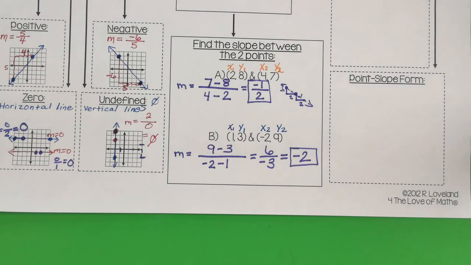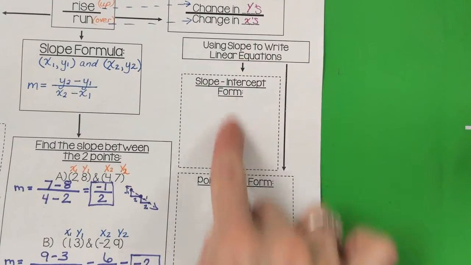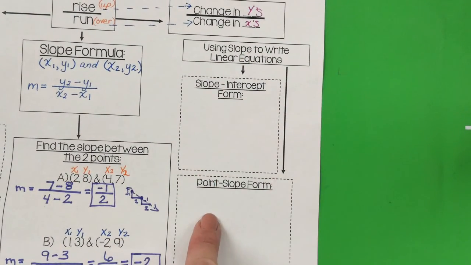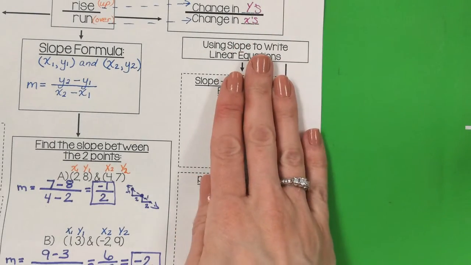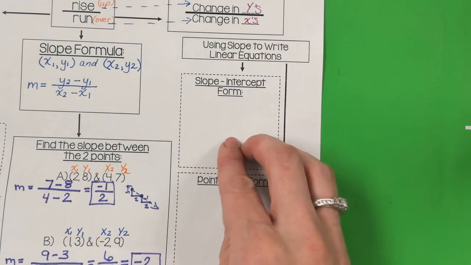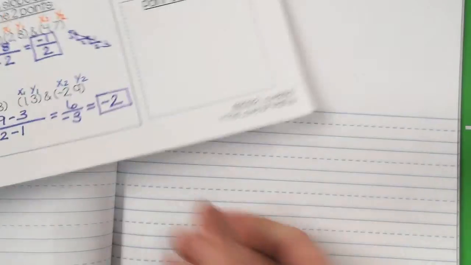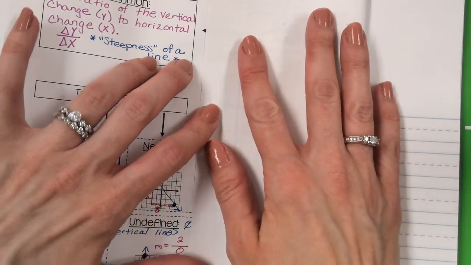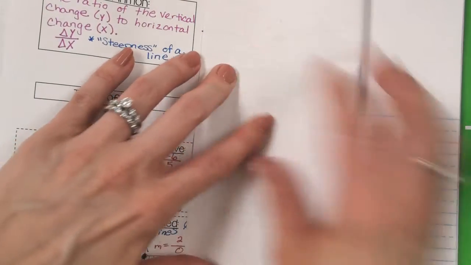All right, so what we're going to do is, these are going to be helpful on our next playlist when we start talking about the equations of the line. So we're not ready for this yet, but we're going to use it. So I would like for you to make this a trifold.